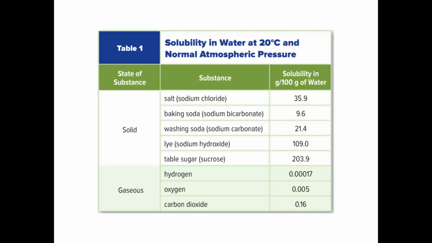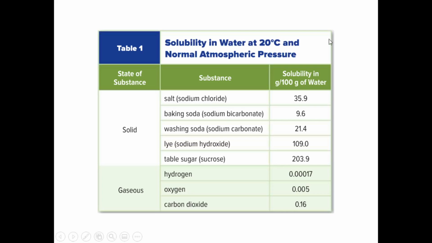If I compare the solubility of salt, which is 35.9 grams per 100 grams of water, to that of another salt, baking soda, sodium bicarbonate, I can see that the solubility of baking soda is far less. It's 9.6 grams per 100 grams of water. So we can see that the solubility of different substances will vary.